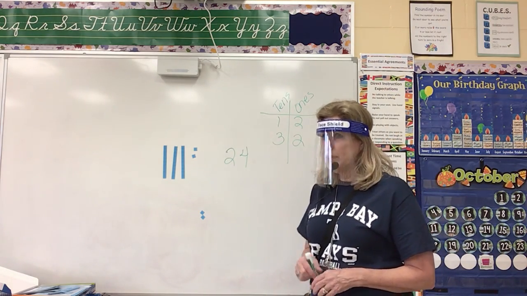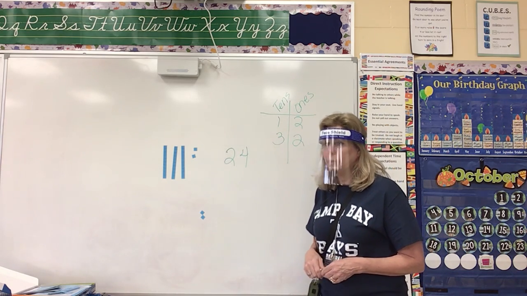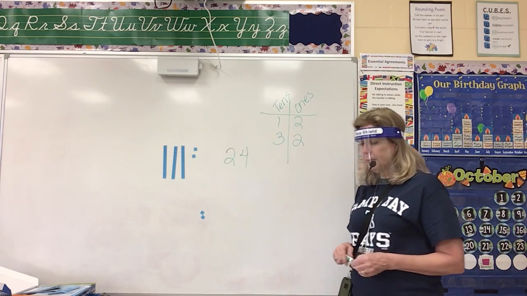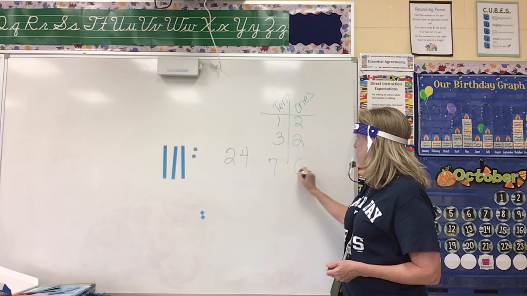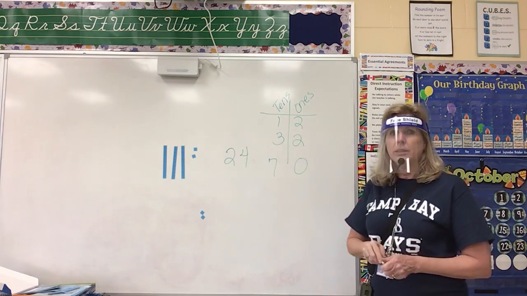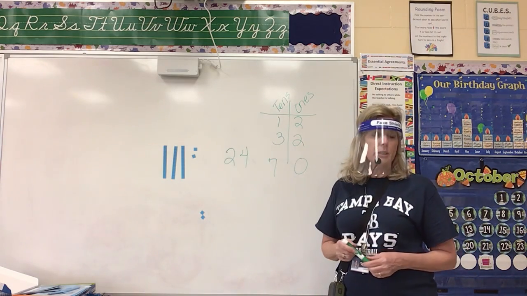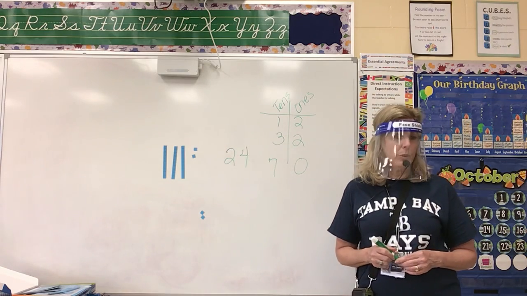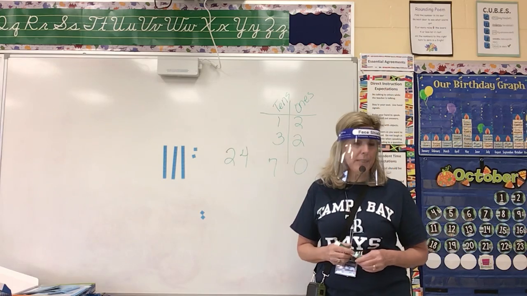So for number 3, what would that be, Diego? 7 tens and 0 ones. Is there anyone that is not understanding this? Jelen, what don't you understand? Count how many base 10s that you have.